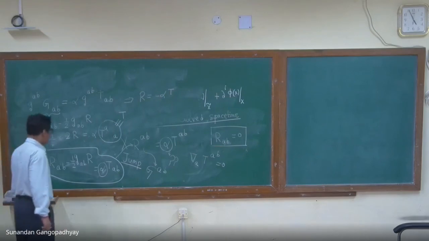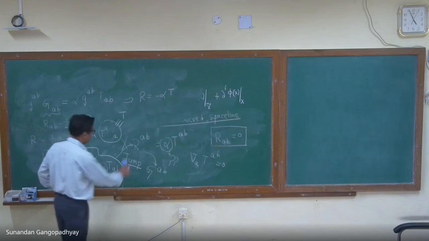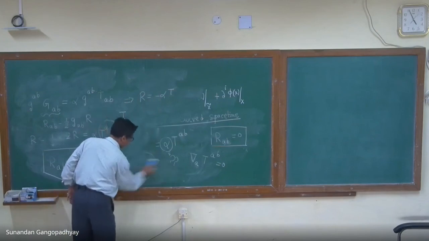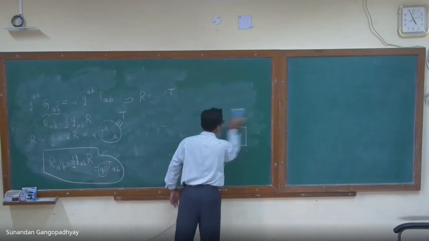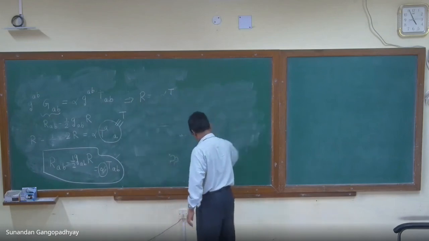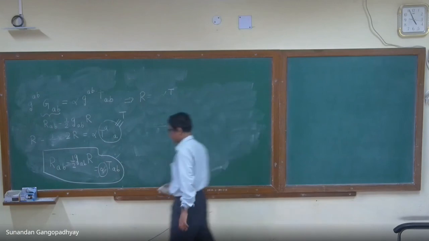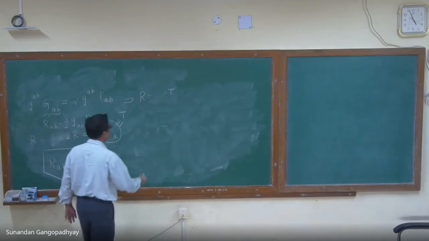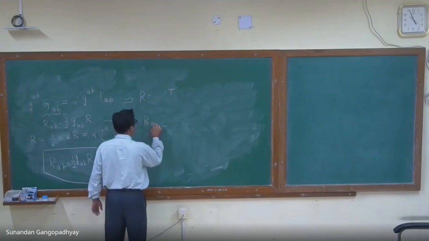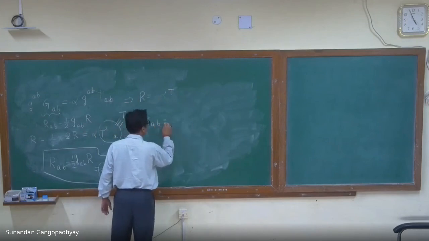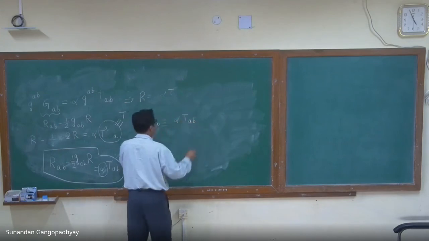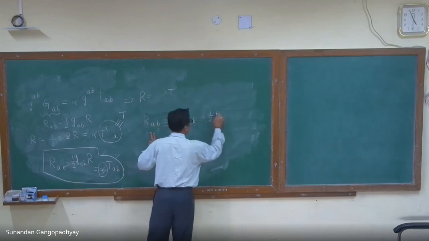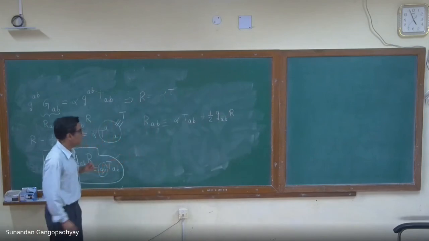So what is the equation that we get? Therefore, R_AB is equal to alpha T_AB plus half G_AB R, taking this to that side.